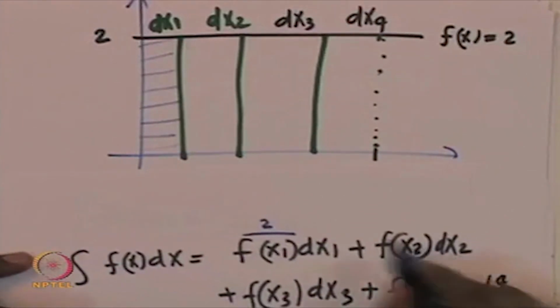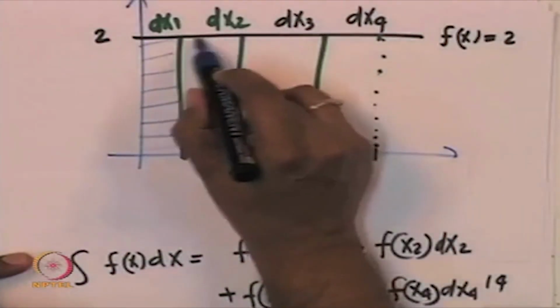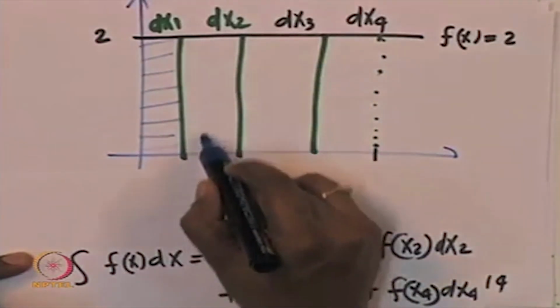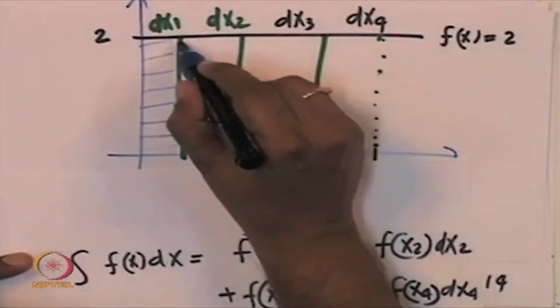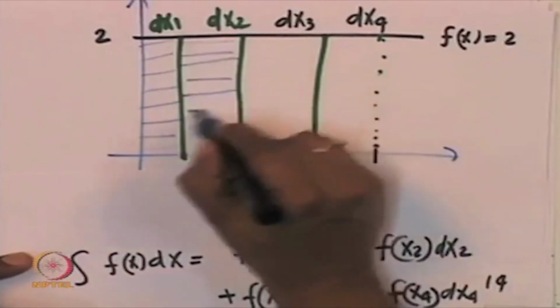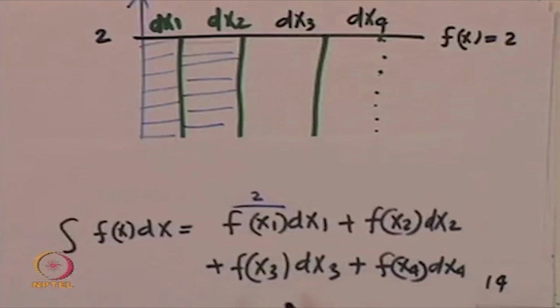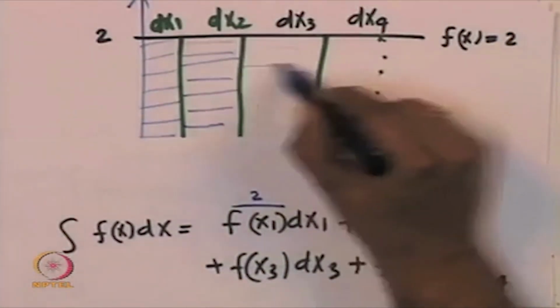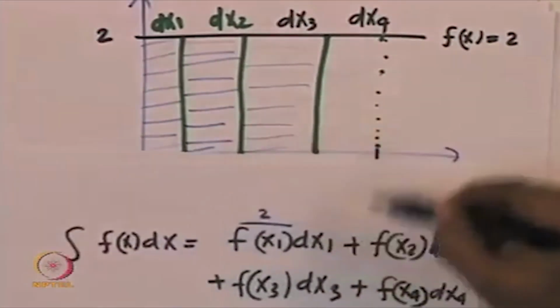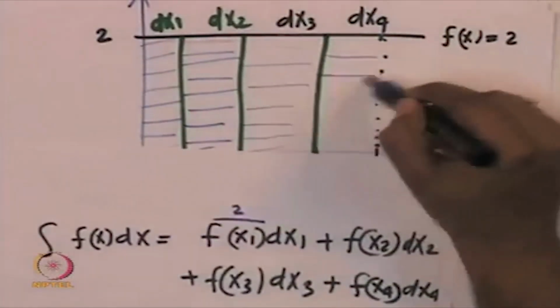f of x2 into dx2, dx2 is this width and f of x2 is this height, which is 2. So, the second term is nothing but the area of this box. The third term is the area of the third box and the fourth term is the area of this fourth box.